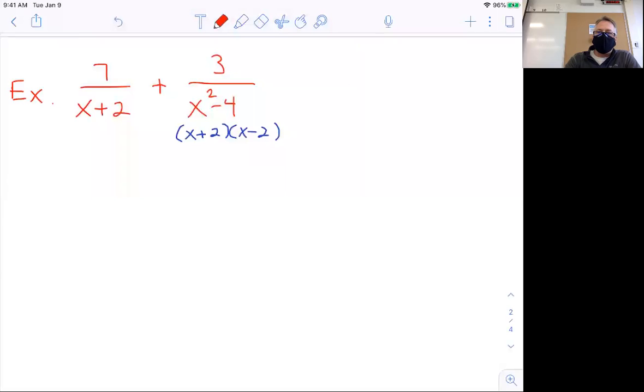All right, so now our common denominator has to have this in it, and this in it, and this in it. And so our common denominator is x plus 2, x minus 2.